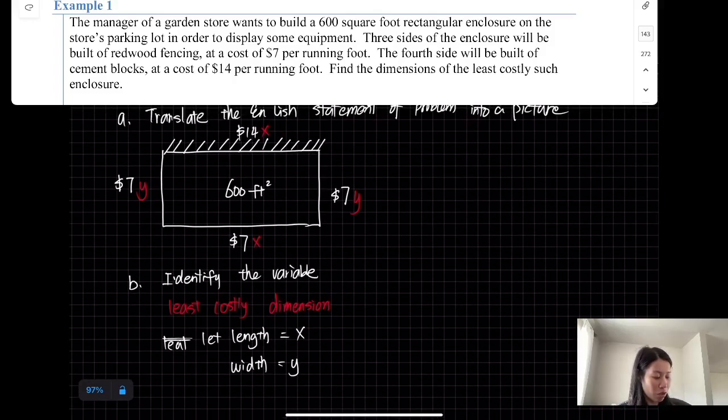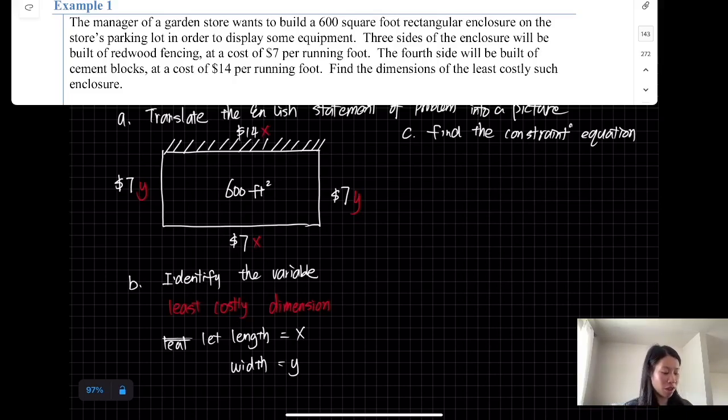Well, what you can do is find the constraint function or equation, and then we can solve for one variable in terms of the other.